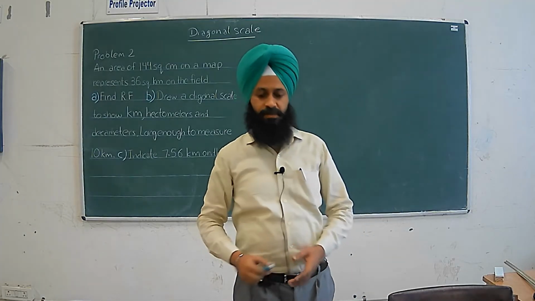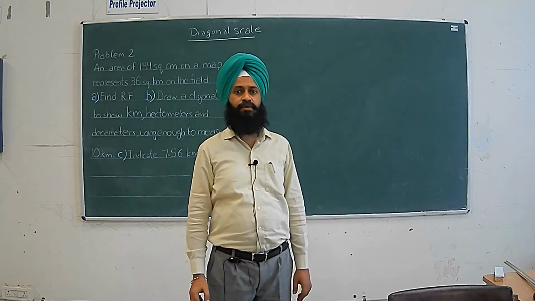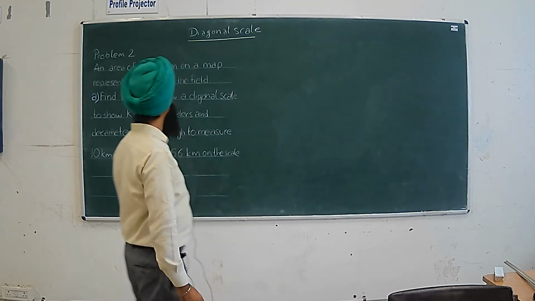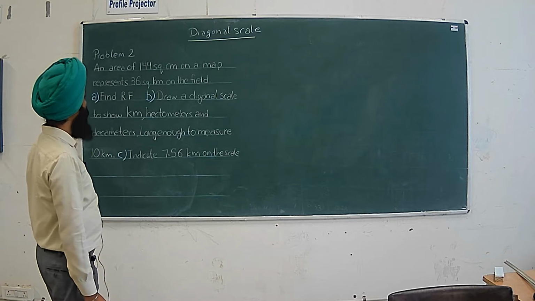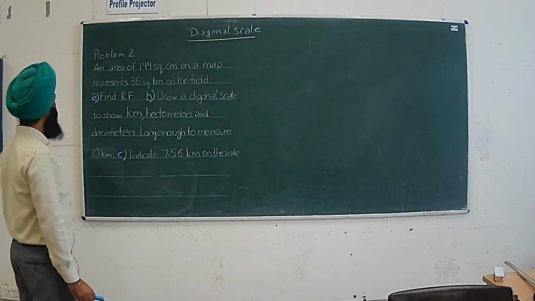Welcome back, students. So we are doing problem number 2 for diagonal scale. The problem is: an area of 144 square centimeter on a map represents 36 square kilometer on the field.